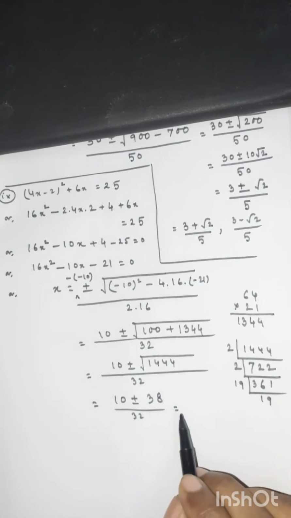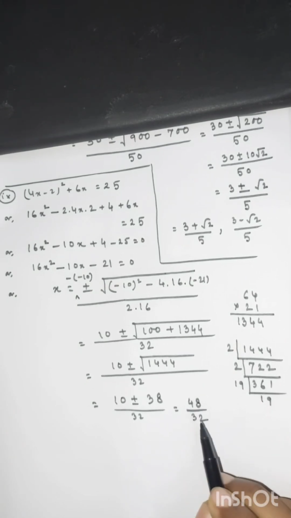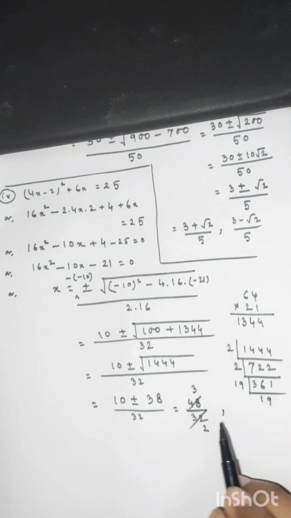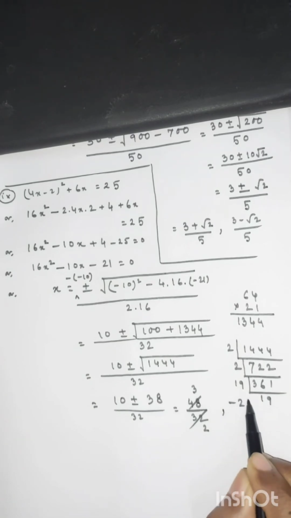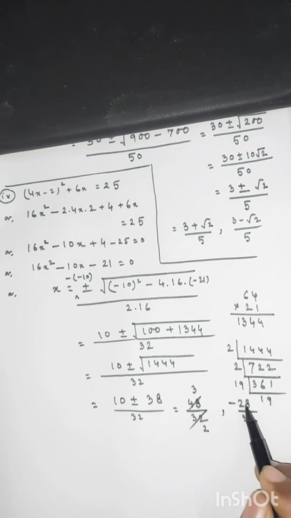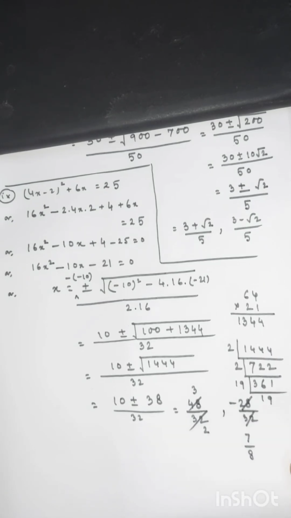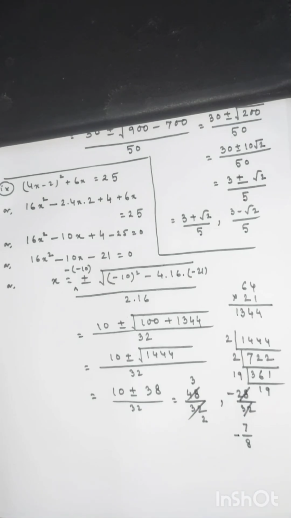So if we take plus, if we take minus, so 3/2 and minus 7/2.